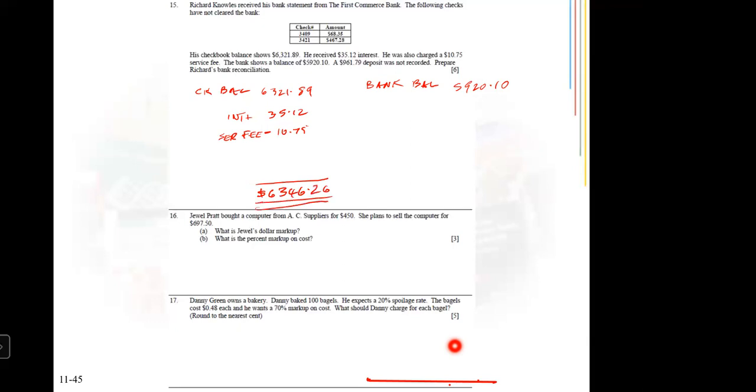So on the other side, the bank balance side, you're looking at a deposit in transit. So you're going to add that deposit in transit. That was 961.79. And then the outstanding checks. We had 2 of them.